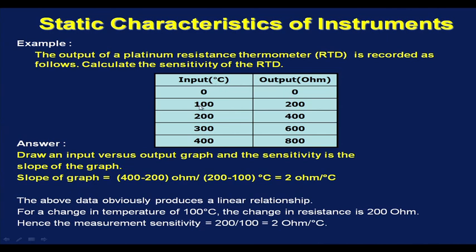At 100 degree Celsius, the resistance is 200 ohm. At 200 degree Celsius, it is 400 ohm. At 300 degree Celsius, 600 ohm, and at 400 degree Celsius, 800 ohm. We need to calculate the sensitivity of the resistance thermometer device or RTD.